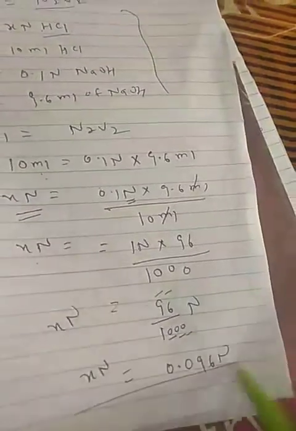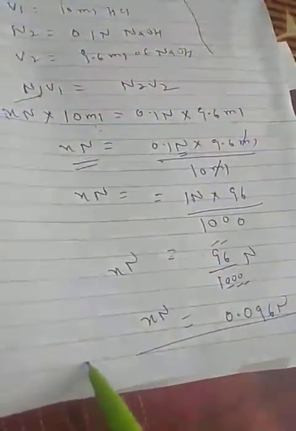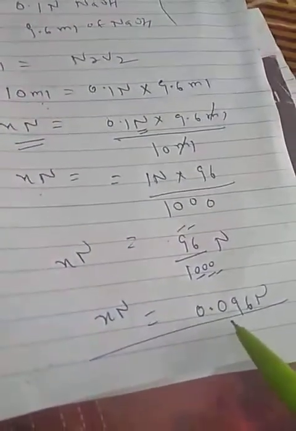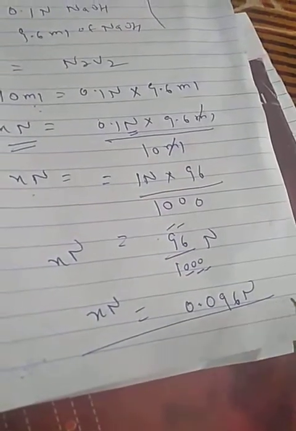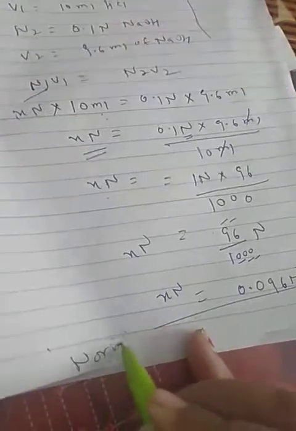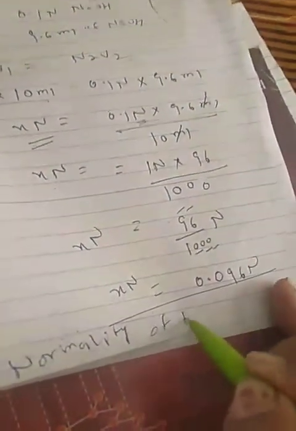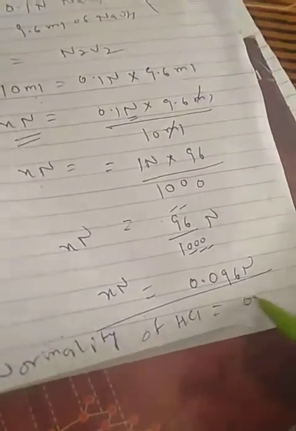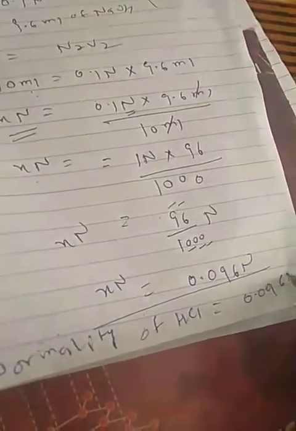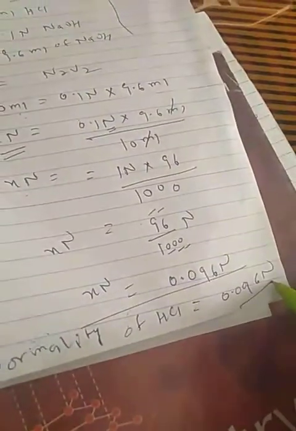So the normality of the unknown acid, X normal, is equal to 0.096 normal. You see the manual: the normality of unknown HCl is equal to 0.096 normal. You have to write the units also.